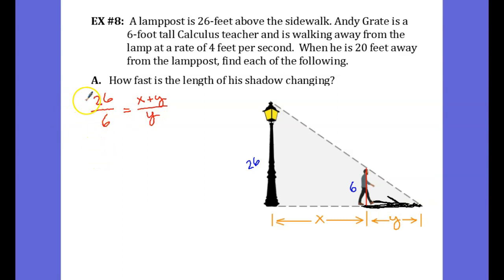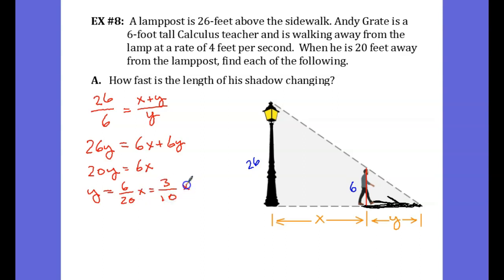And when we do that, the 6's cancel and we're left with 26y. And over here the y's cancel and we're left with 6x plus 6y. Combining like terms, we can subtract 6y from both sides. We get 20y is equal to 6x. And solving for y, y is equal to 6 over 20 times x, 3 over 10 times x.